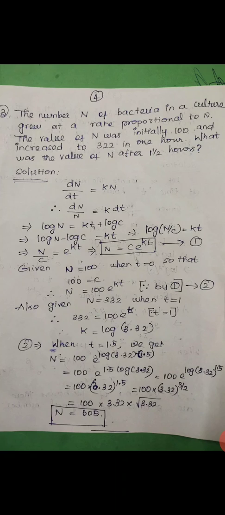What is the question? What was the value of N after 1.5 hours? 1.5 hours can be written as t equal to 1.5. What's our aim? We have to find the value of N. Then substitute again in equation number 2: N is equal to 100 into e power, the k value, log of 3.32, into t which is 1.5.